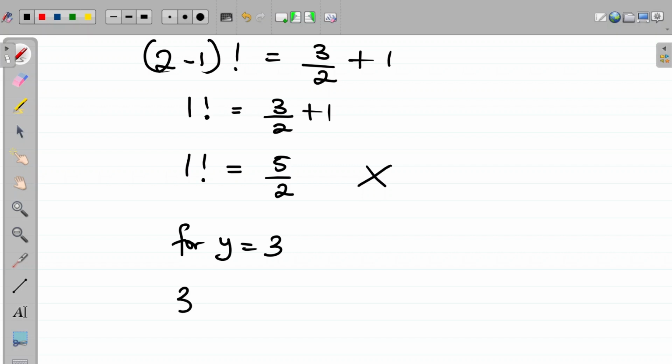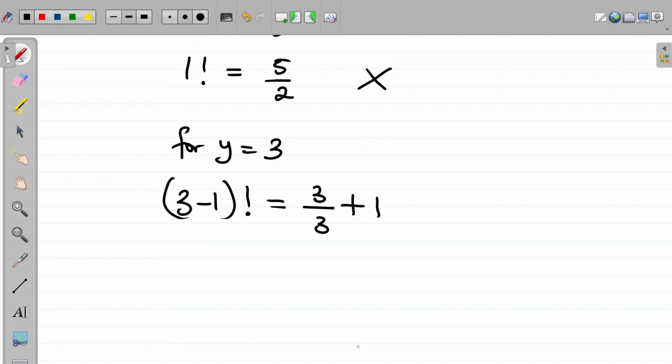Now, for y equal to 3, we have that 3 minus 1 factorial is equal to 3 divided by 3 plus 1. 3 minus 1 is equal to 2, thus 2 factorial equal to 3 divided by 3 plus 1 is giving us 2.